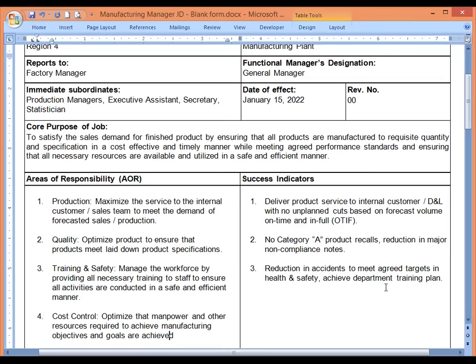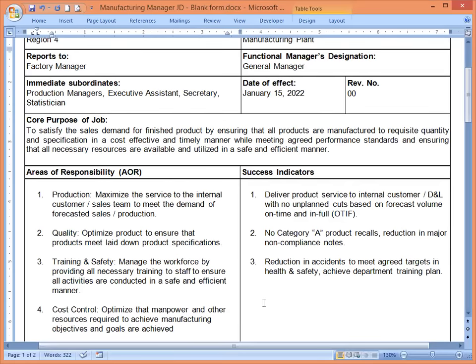Let's go to the next success indicator, number 4. Is this number 4 cost control? I think this is wrong. This is optimize that manpower and other resources required to achieve manufacturing objectives and goals.